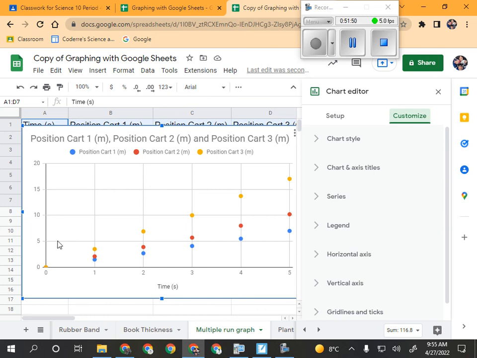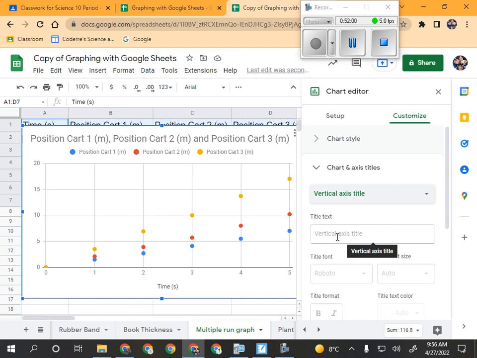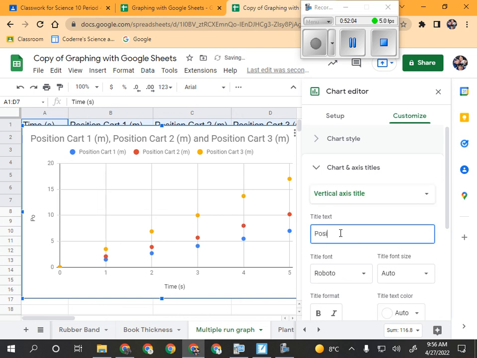So we want to add a vertical axis title, and that's position in meters. You can see it updates automatically.